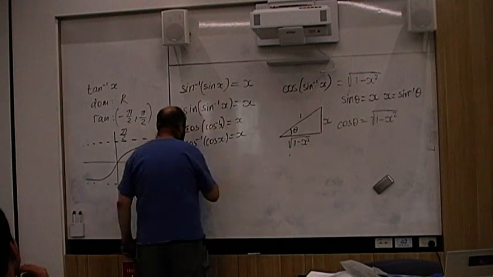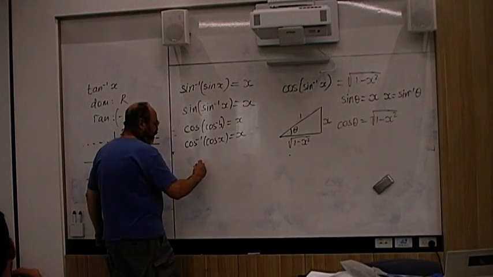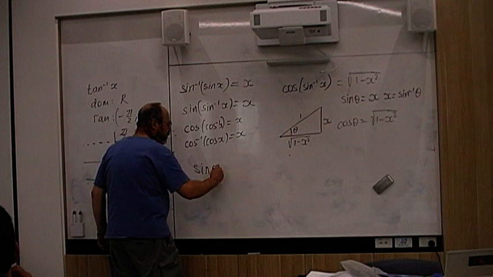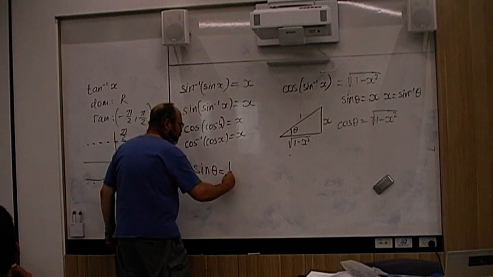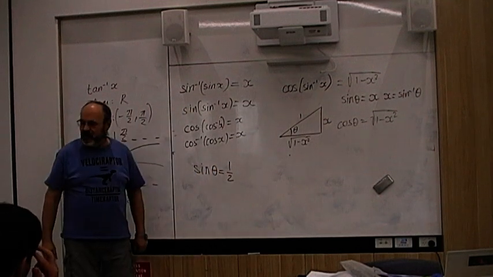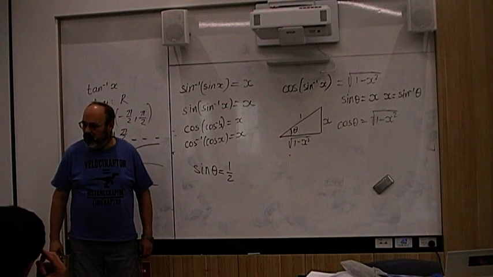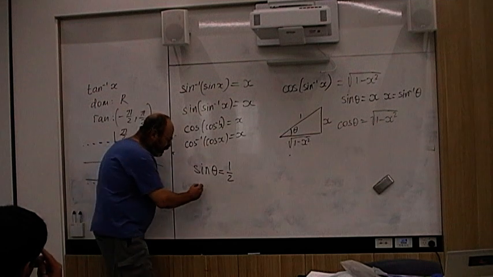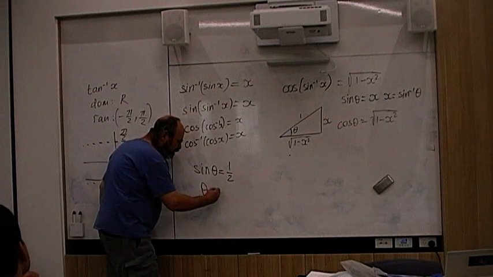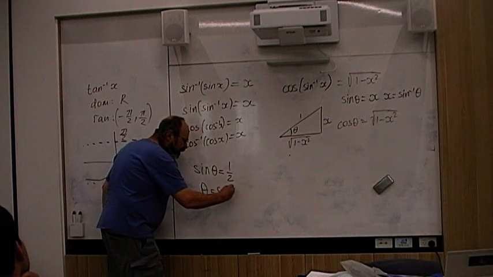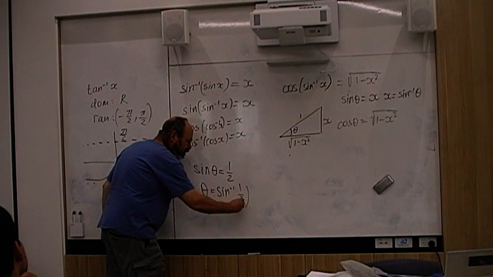If you have sine theta equal to 1/2, what does theta equal? Pi on 6. So we take theta equals sine inverse of 1/2.